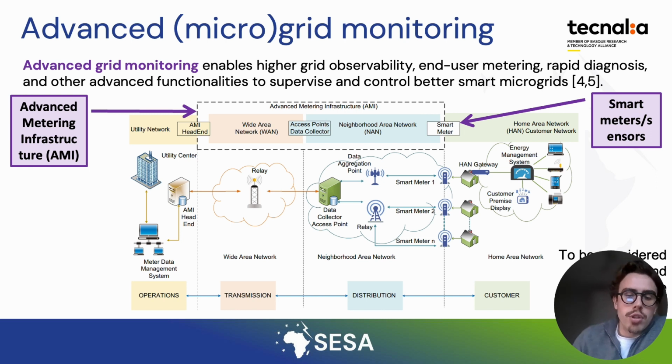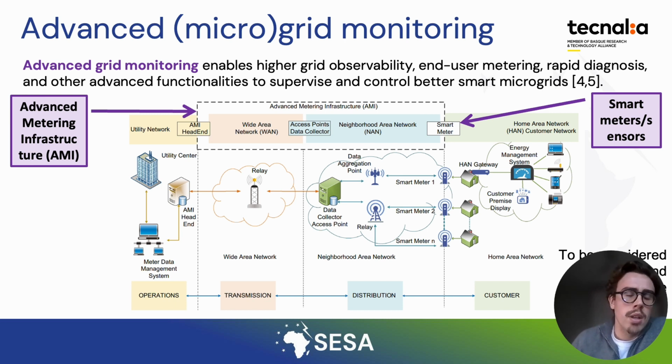Advanced grid monitoring functionalities enable higher grid observability, end-user metering, fast diagnosis, and advanced functionalities to control and manage the distribution grids. So for that, there are some key devices like smart sensors and advanced metering infrastructure.